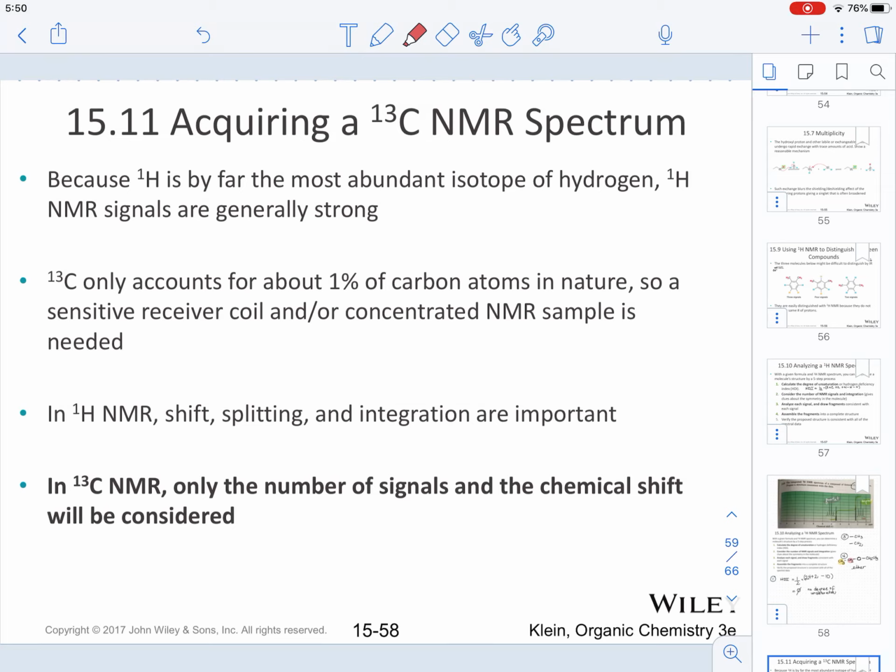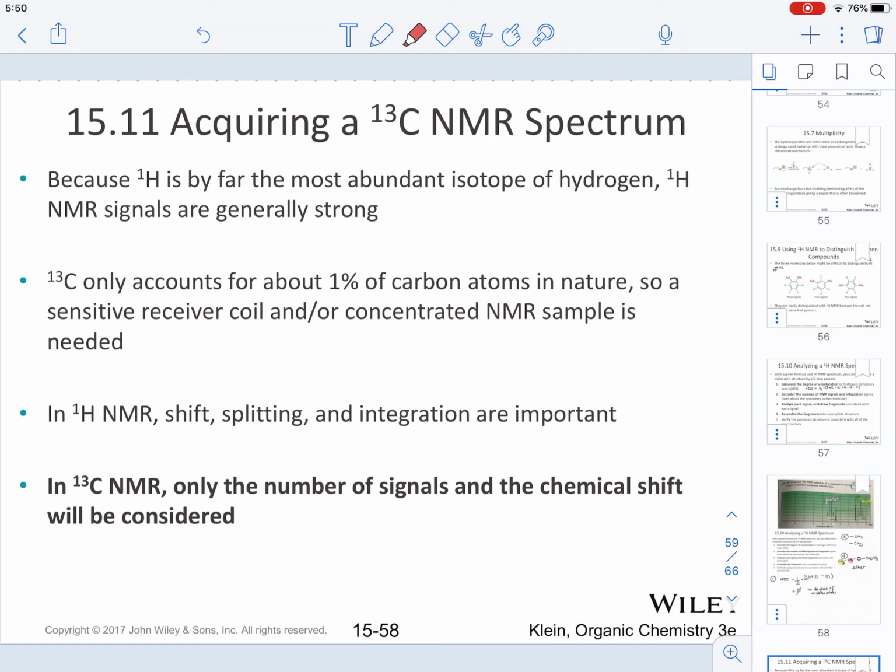So what happens in this instance is that, remember, carbon 12 cannot be utilized in NMR because it doesn't have the requirement of the odd number of protons or neutrons. So carbon 13 is the one that can be utilized in this technique.